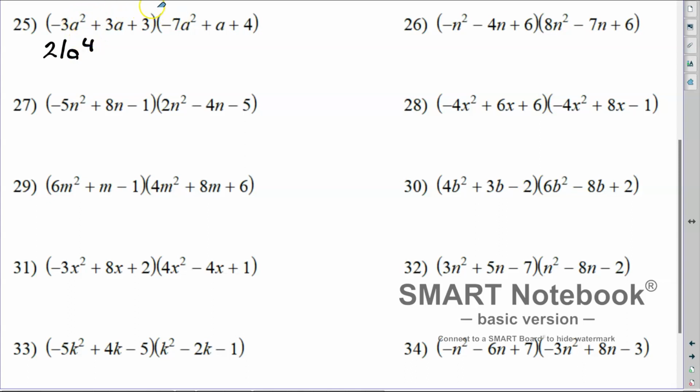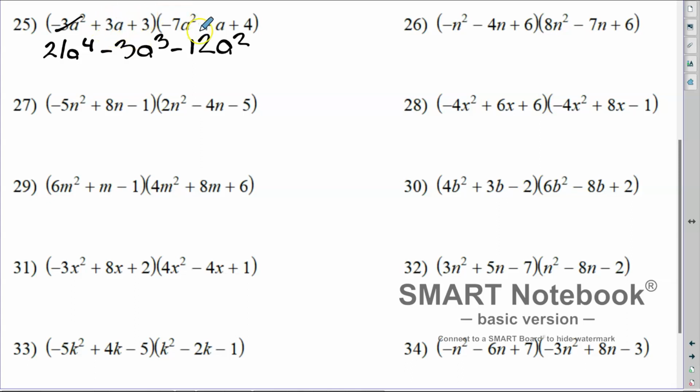I have negative 3a cubed. I have minus 12a squared. So that one's done. I'm scratching it off because there's a lot of work, and I don't want to make a silly mistake.